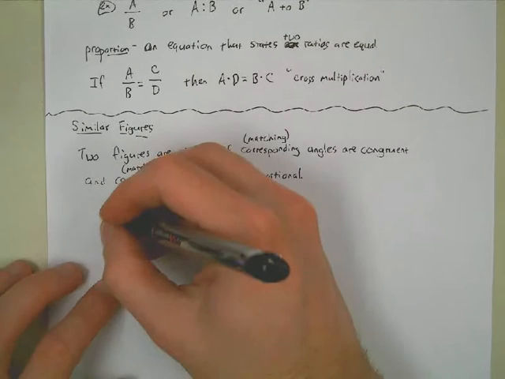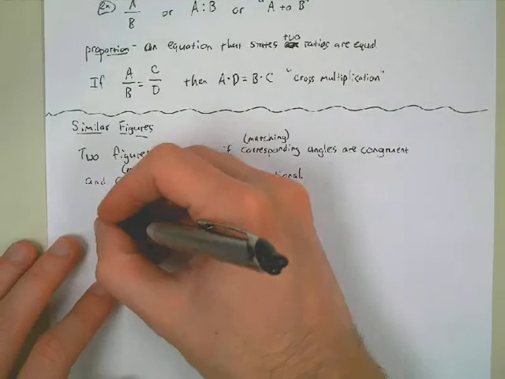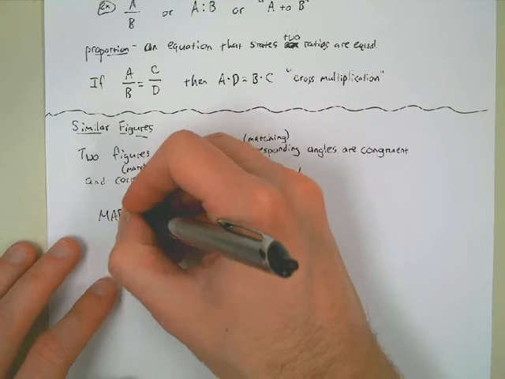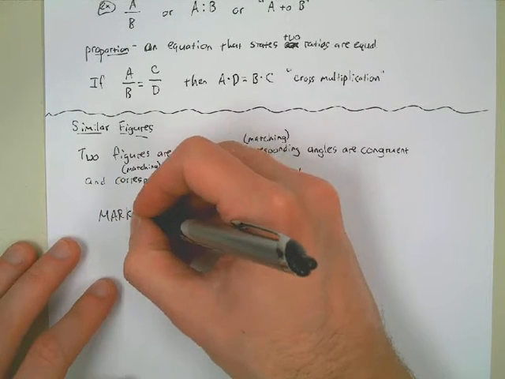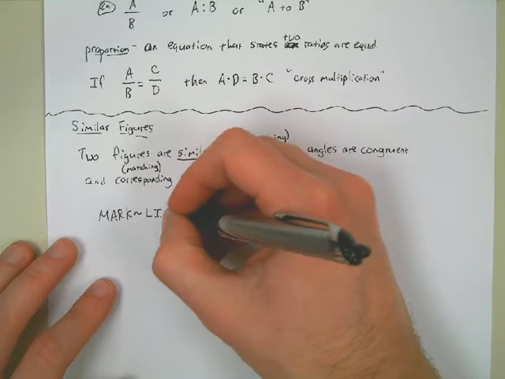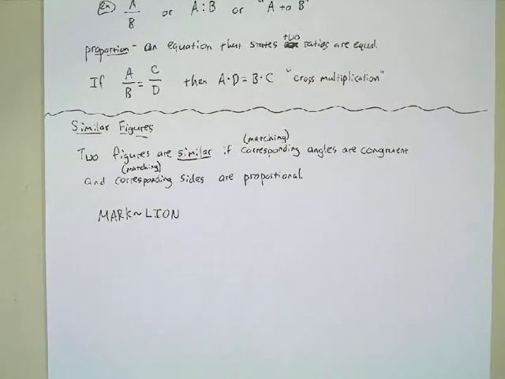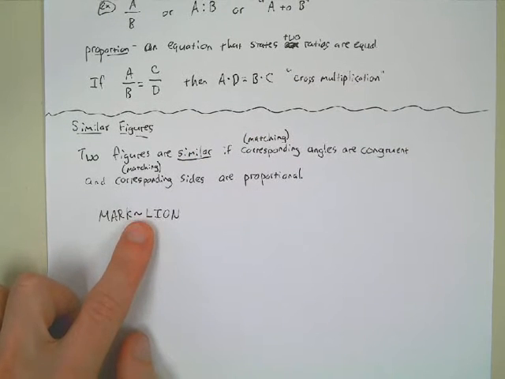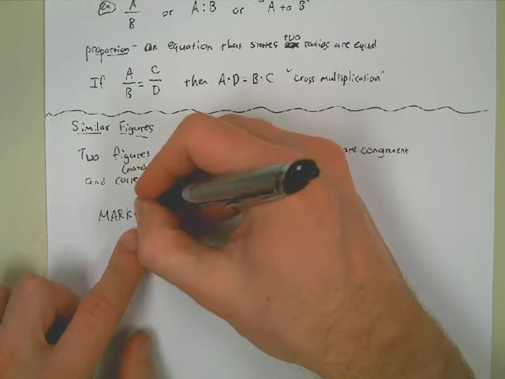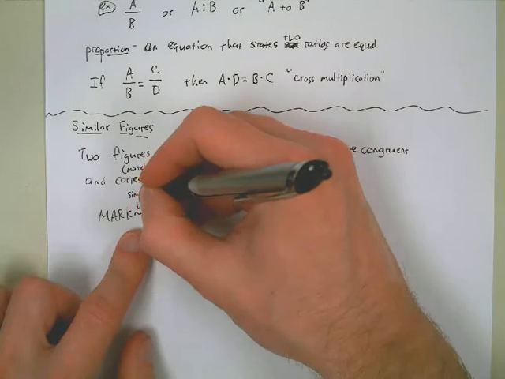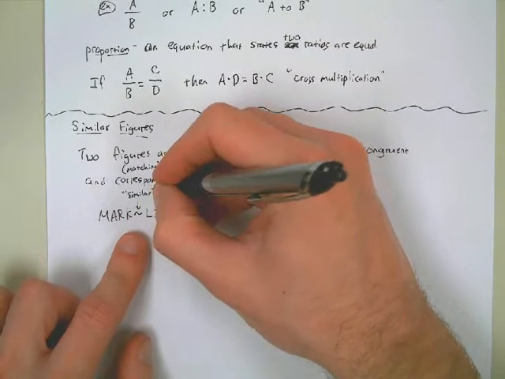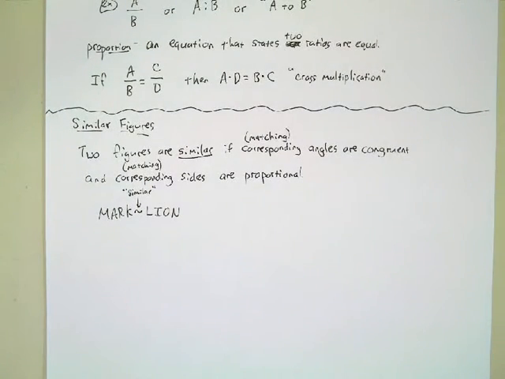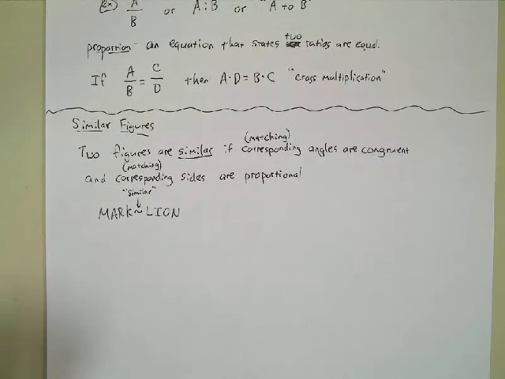So let's say I've got a statement here. Figure MARK is similar to figure LION. All right. Notice the squiggle here. It's just the squiggle. There's no equal sign beneath it. If we put the equal sign beneath it, that means congruent. But just with the squiggle, that squiggle alone means similar. Okay, so MARK is similar to LION.